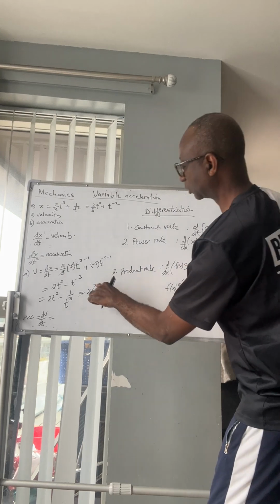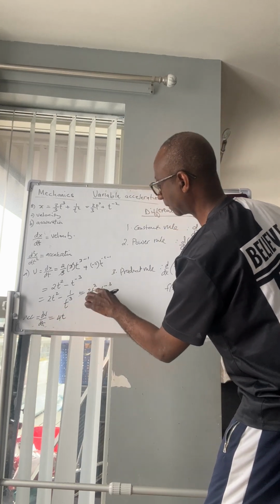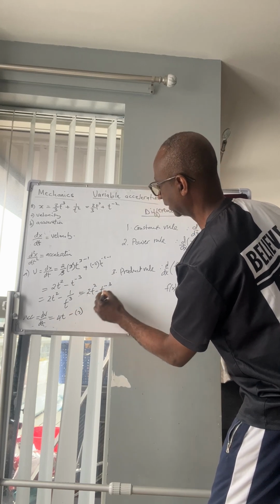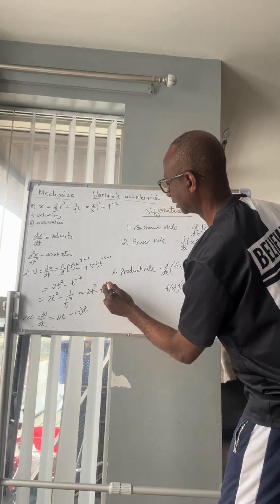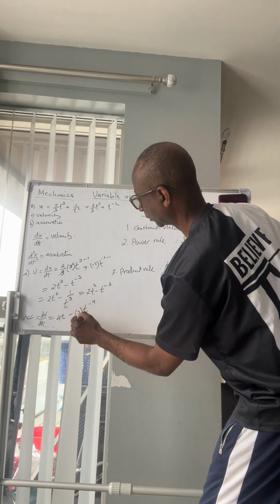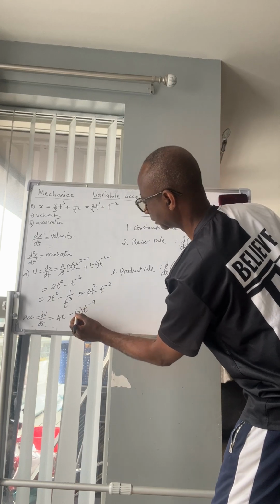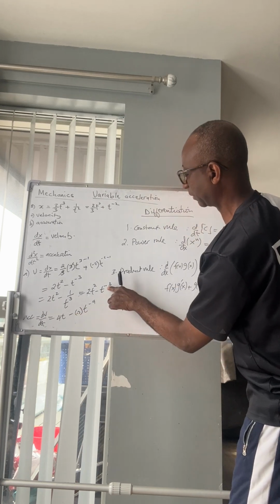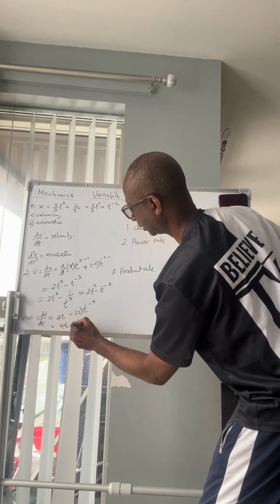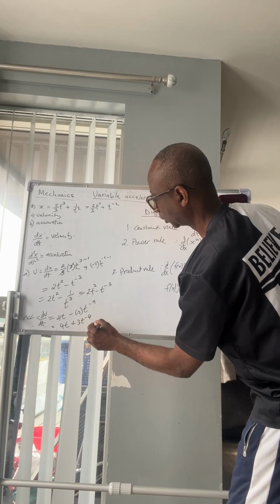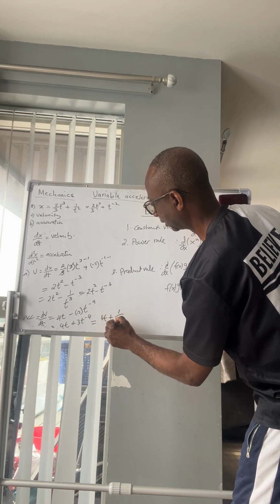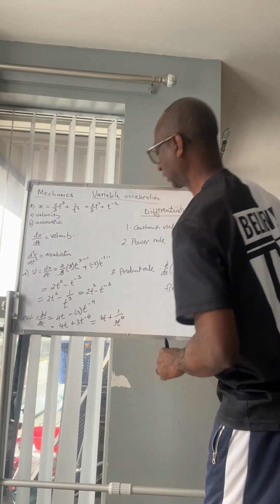So this is going to be 4t, minus, you have minus 3 here, minus 3, t, minus 1, minus 4. And minus again, minus 3, because this power is minus 3. So here you get 4t plus 3t to the minus 4, which is the same as 4t plus 1 all over 3t to the 4. That's the acceleration of the particle.